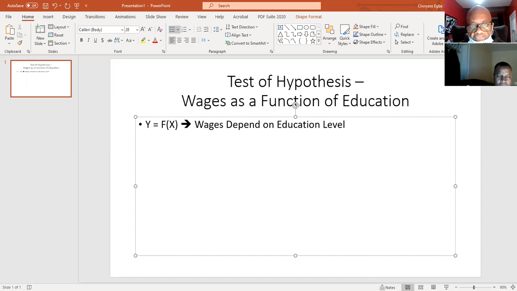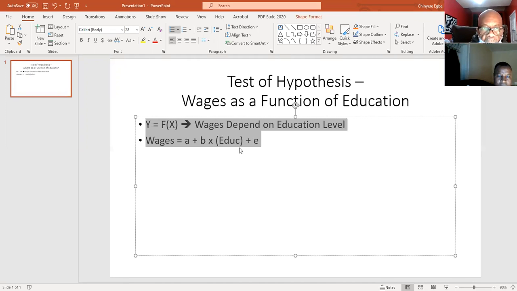The more education you have, the higher your possible wages. And so we can rewrite the equation as wages is equal to A plus B times education. That is to say, if you come to a workplace, there's a basic wage you're going to get, even if you have no education. And the more education you have, your wages will change. So we include an error component.